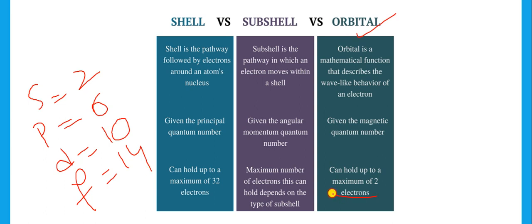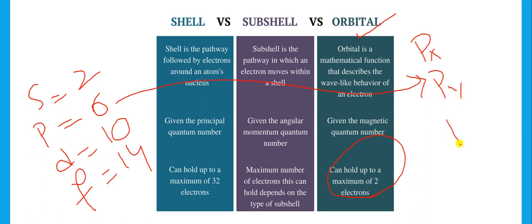But what about the orbital? An orbital can hold up to a maximum of 2 electrons, because the P subshell is divided into px, py and pz orbitals, and each can hold 2 electrons.